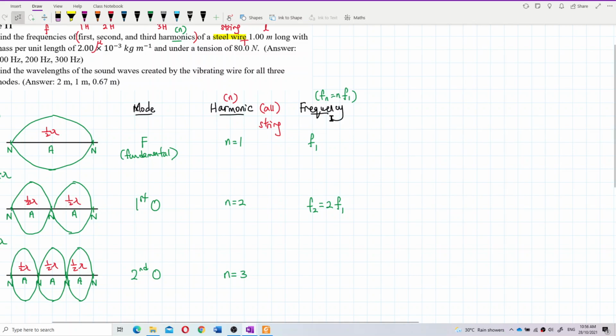Okay, this is the fundamental frequency. The harmonic is actually how many times the frequency of the first harmonic frequency. Understand? This is the first harmonic frequency.